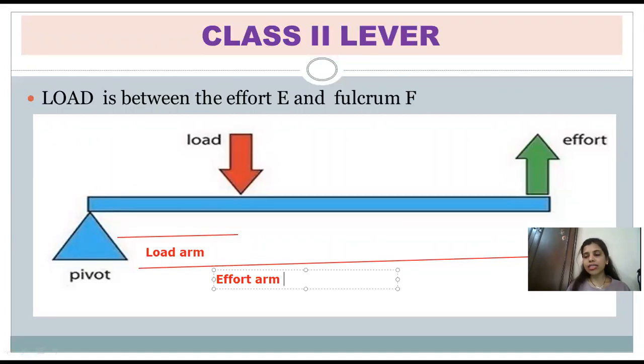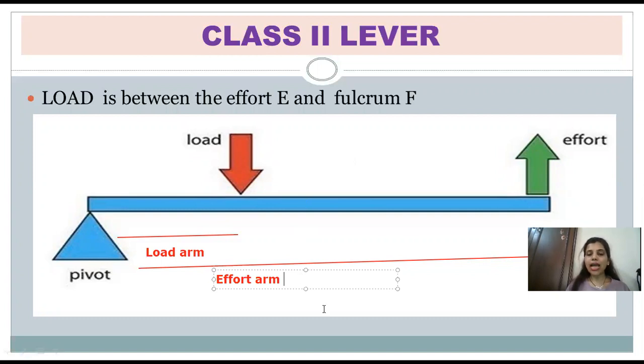But you have to understand that wherever you place the load, when you are measuring the load arm, the length between the load and the fulcrum, the load arm is always going to be less than the effort arm.